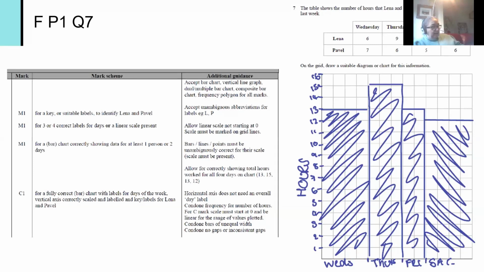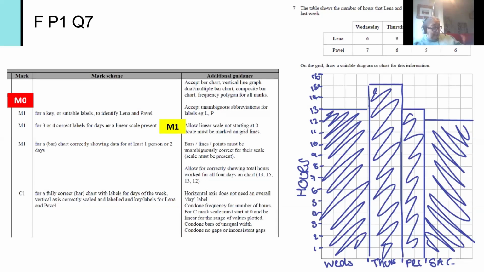So they have clearly not marked. There isn't anything on there to say whether it's Lena or Pavel. So there's no key, there's no dual bar charts. They have got 3 or 4 correct labels or a linear scale.